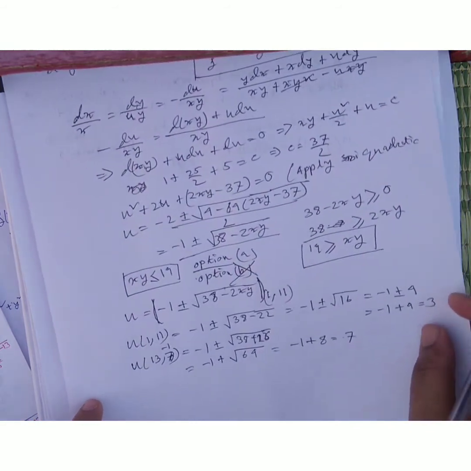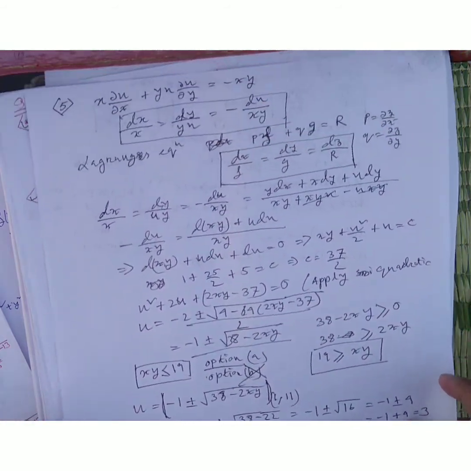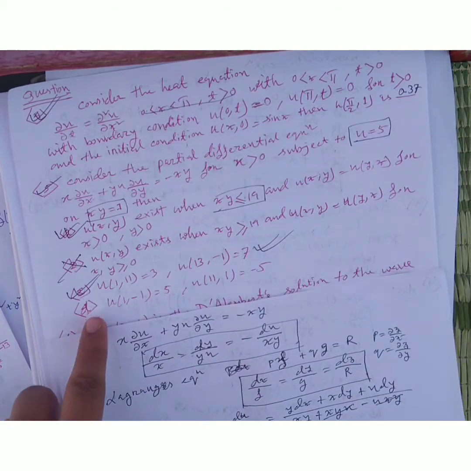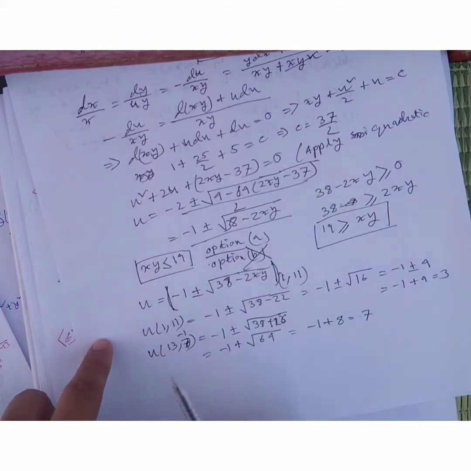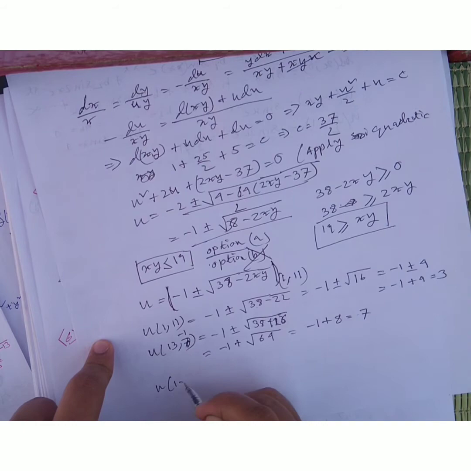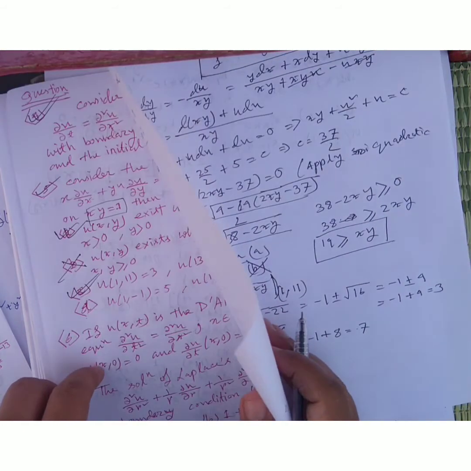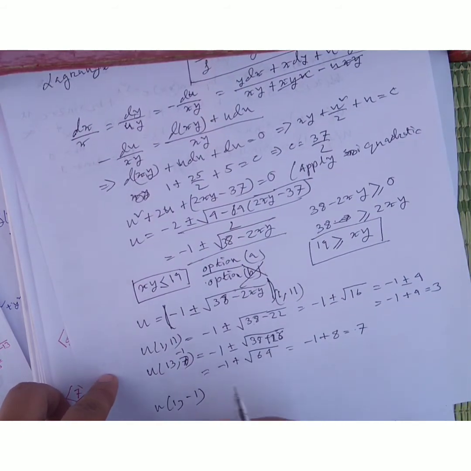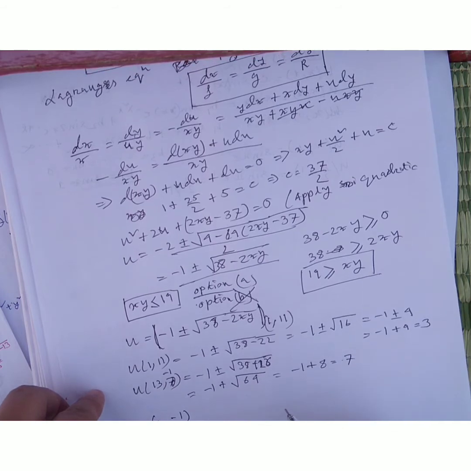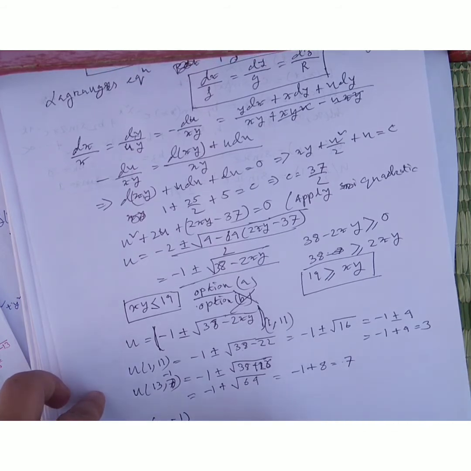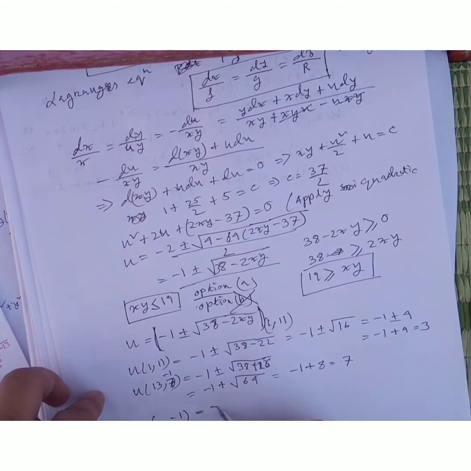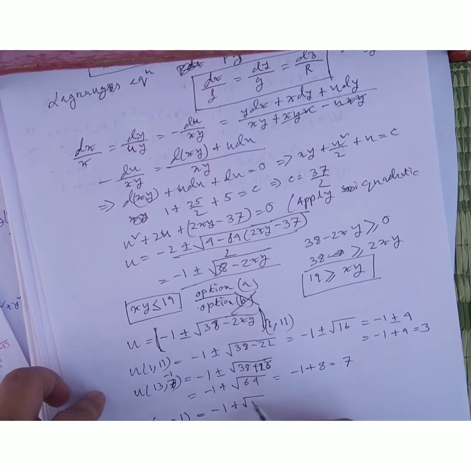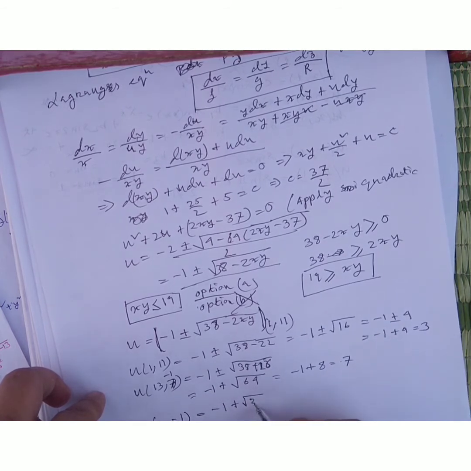Next is option D, u1, -1. So friends, u1, -1 is equal to -1 plus root over 38 and minus plus 2.